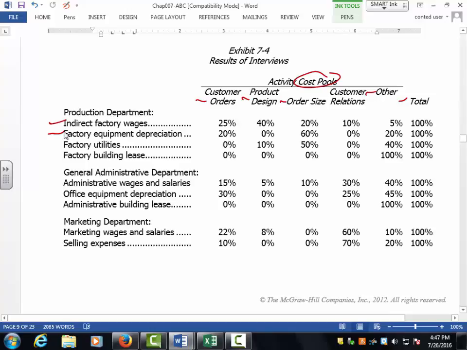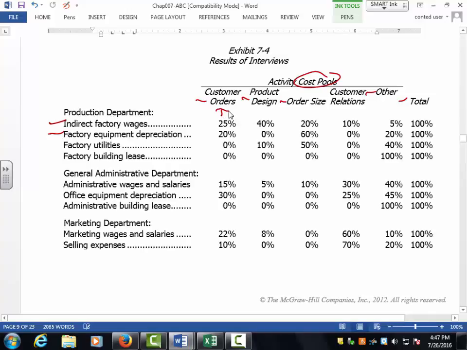Then we're going to take that 500,000 and say, okay, 25% of those factory wages came about because of customer orders, 40% because of product design, order size, relationship, and other. So we have to know the distribution of all 100% of that 500,000. Where did it go? The same with the factory equipment.